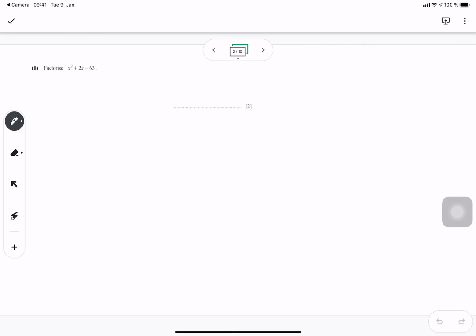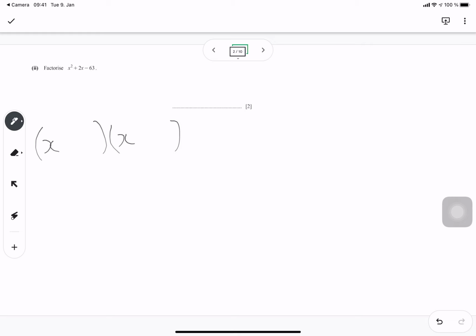So this is an expression. At the minute it's not an equation. But I just need two numbers which multiply to make minus 63 and add to make 2. Now I'm just going to think of factors of 63.